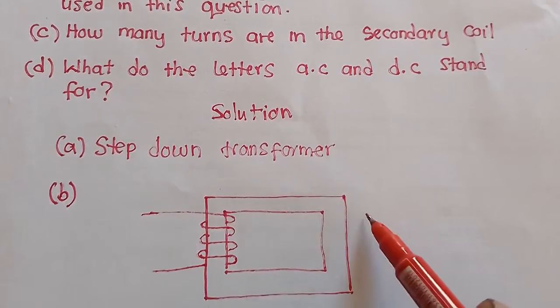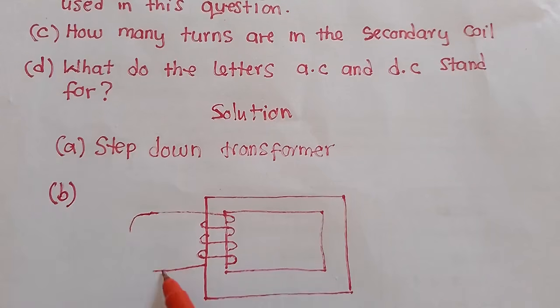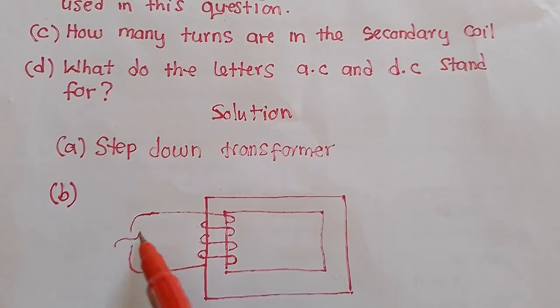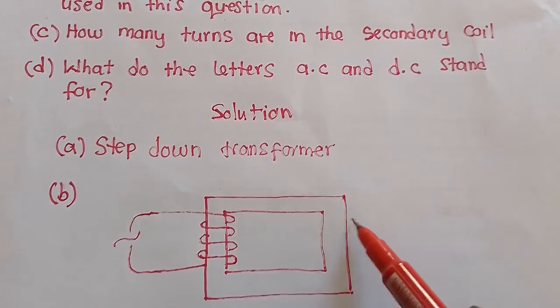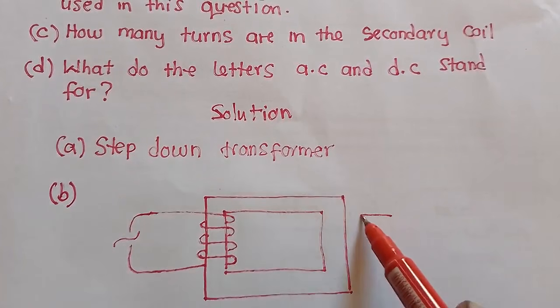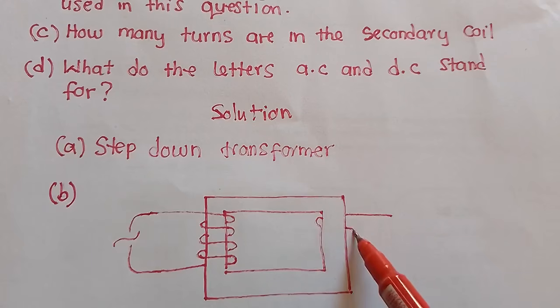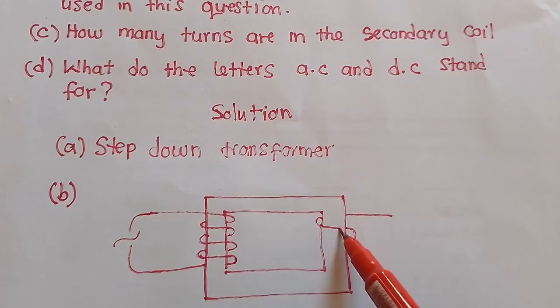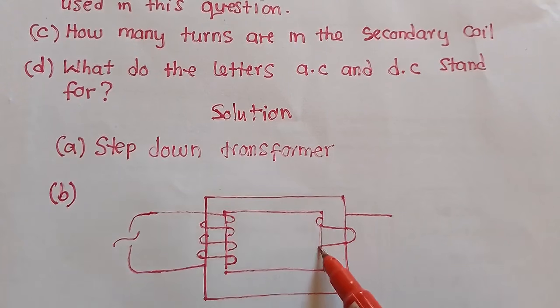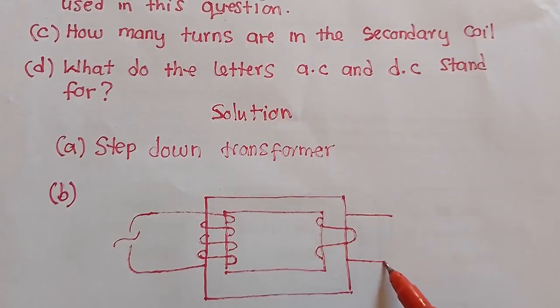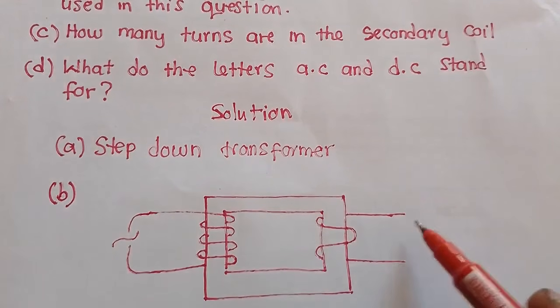Then here, what are we going to have? This is from the AC supply. Then here, few coils, like this. So now we've got the voltage.